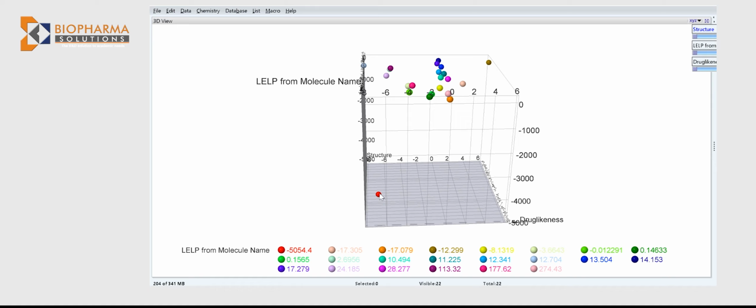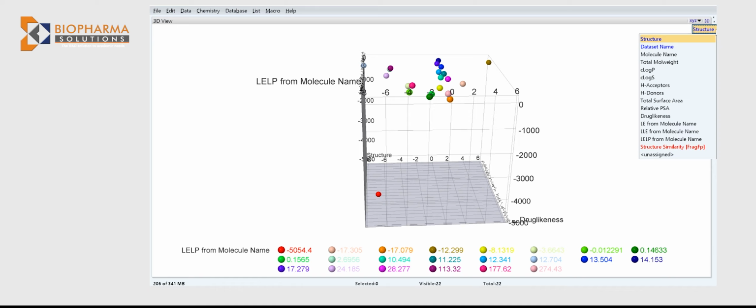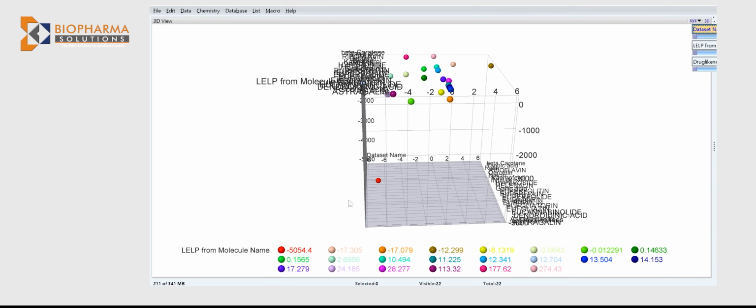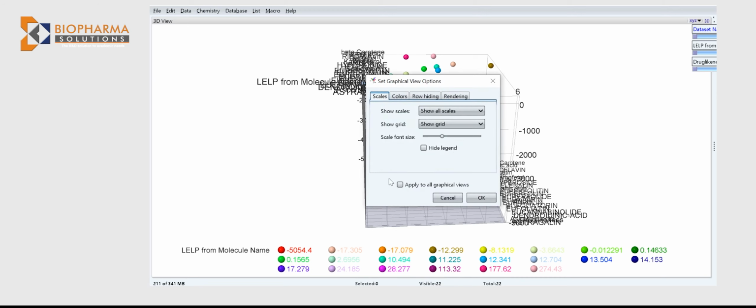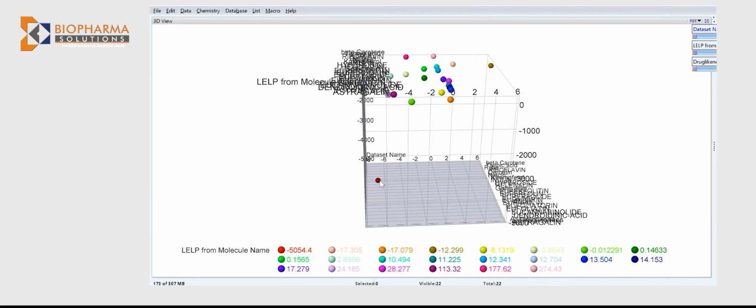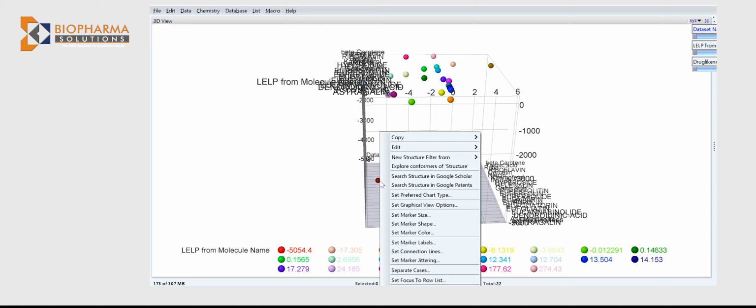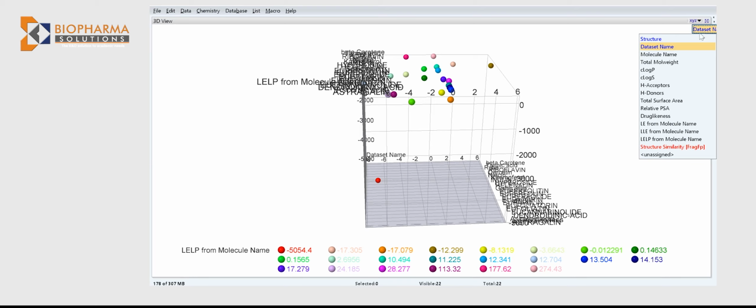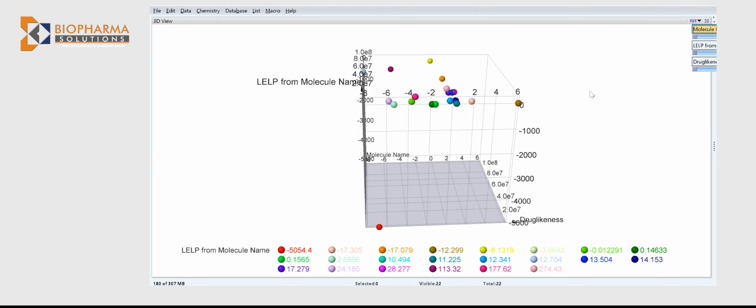And if I want to name these molecules, that is also possible. What I can do is, instead of structure, I can put the dataset name. So I'll be able to get the name, and so instead of name, suppose I need only the molecular name, so that the number will be there.